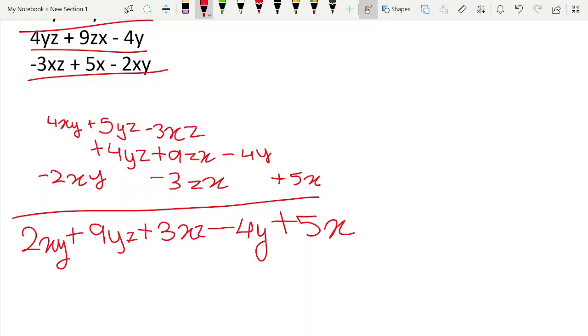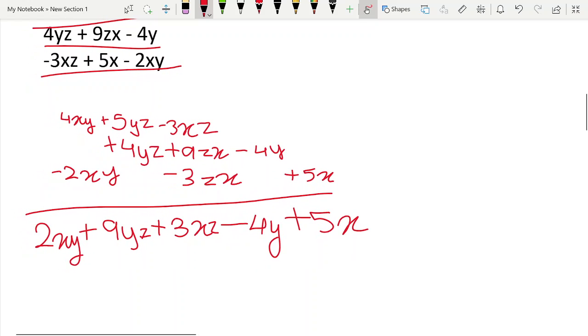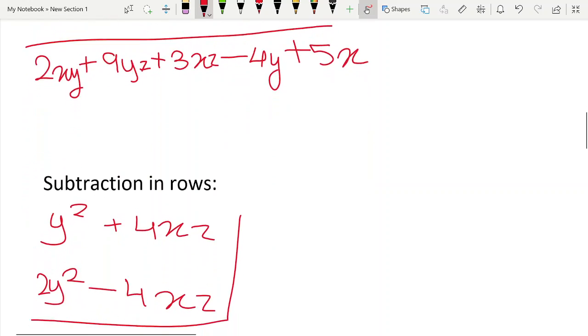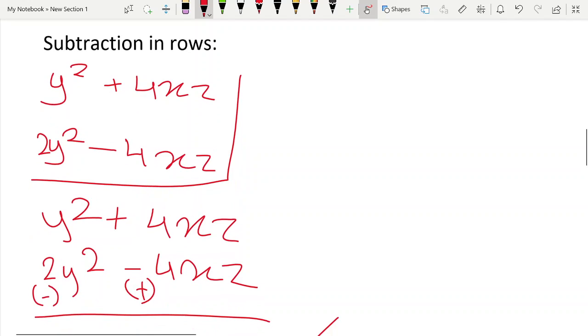Then plus 3zx minus xz will be 2xz or zx. Anyway, plus 5 plus 4, which is 9. So we just carry the variables with them. Then 4xy minus 2xy is 2xy. That's how you can do addition in rows.